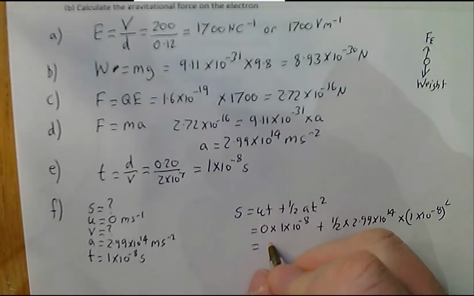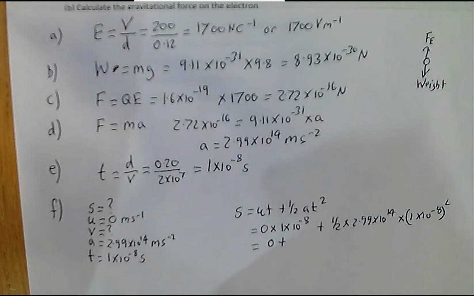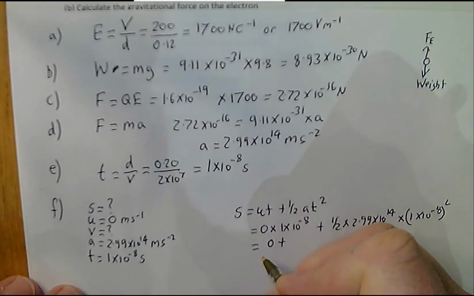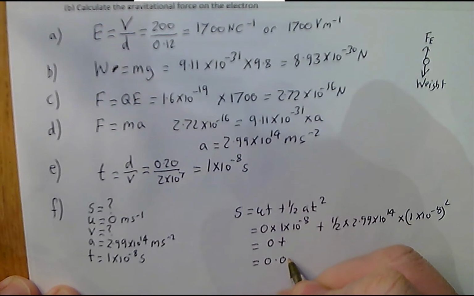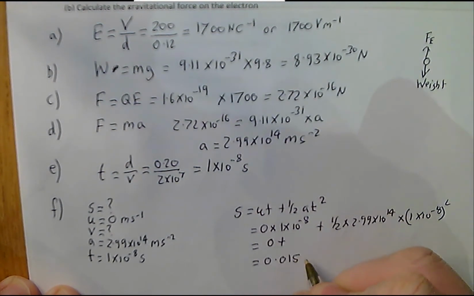So the first term is obviously 0, 0 times t is 0. So we've got 1 times 10 to the minus 8 squared times 2.99 times 10 to the 14 times a half. So that gives us a total of 0.015 meters, or 1.5 centimeters.